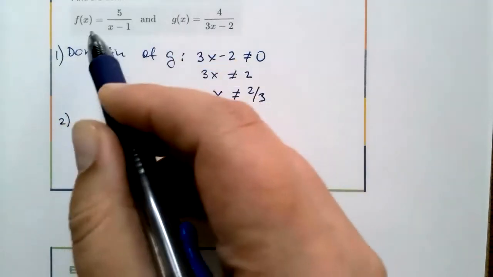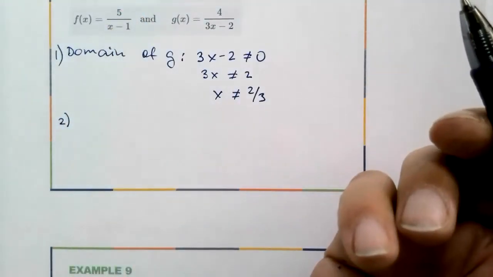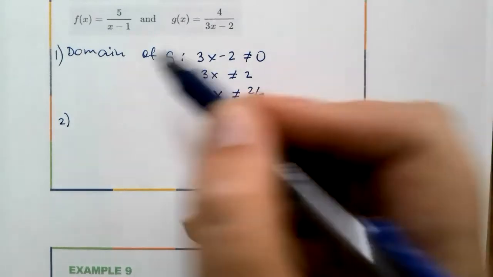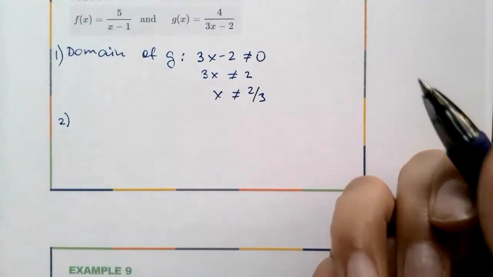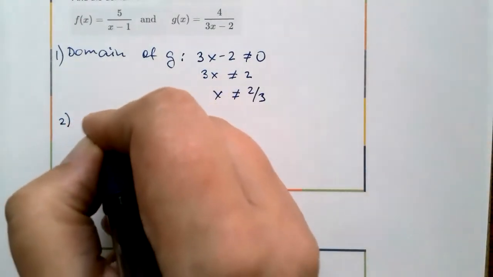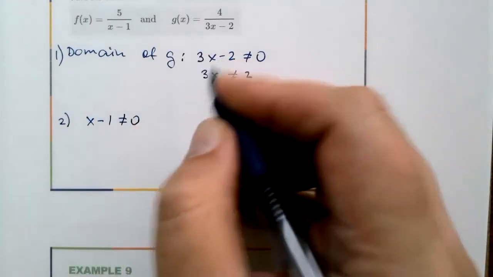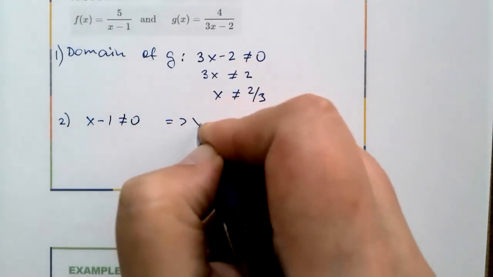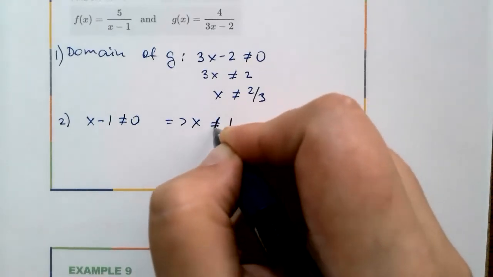Okay, now what's the domain of f? The domain of f is also a rational function, so we have to make sure that the denominator is not 0. So x minus 1 should not be equal to 0. And that means that x should not be equal to 1.